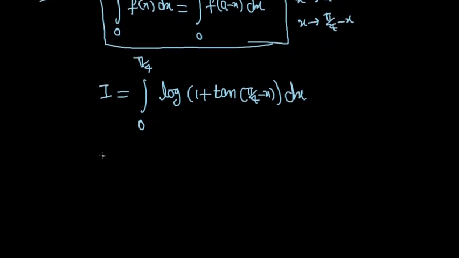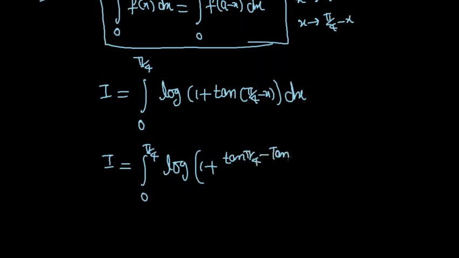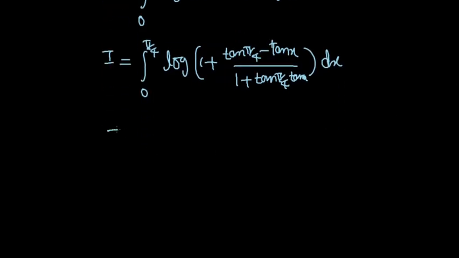Here we can write 0 to pi by 4 log of 1 plus tan of a minus b, that is tan a minus tan b by 1 plus tan a tan b, whole dx. Tan pi by 4 is 1.